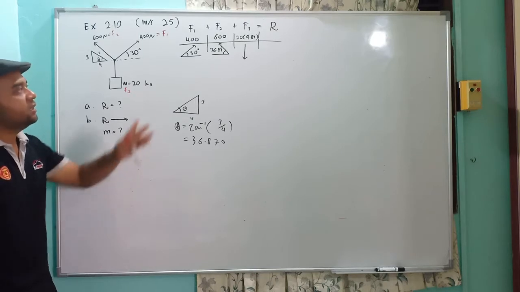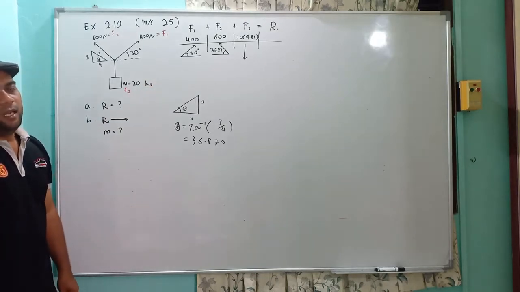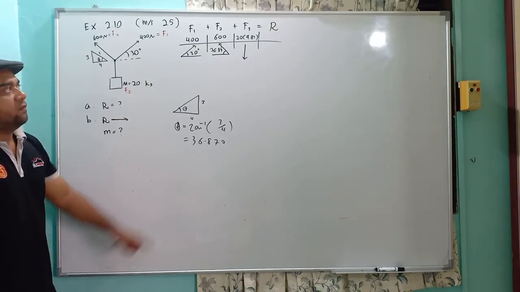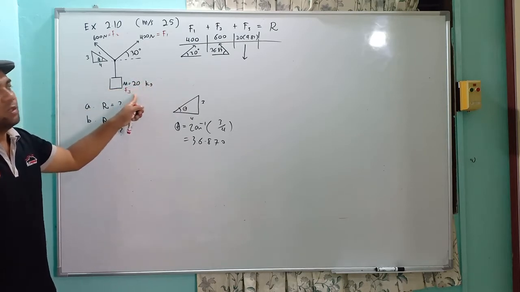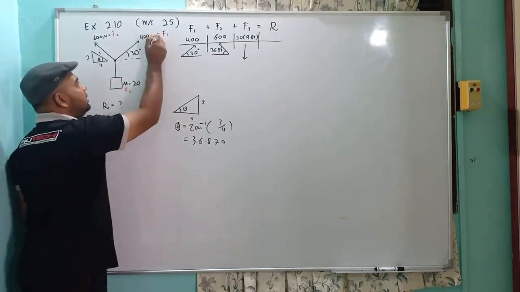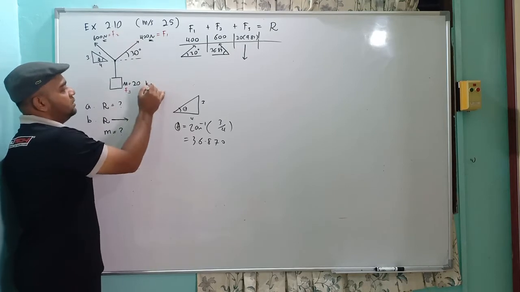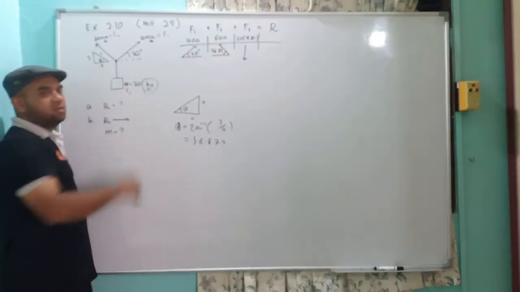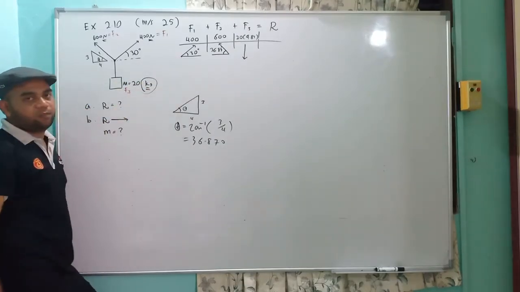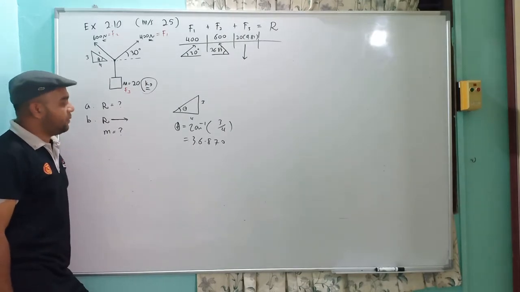If not stated, you use gravity as 9.81 to convert from mass into Newton, because you see here, this is Newton, but this is kg, so you have to convert this one into Newton. So you times 9.81.